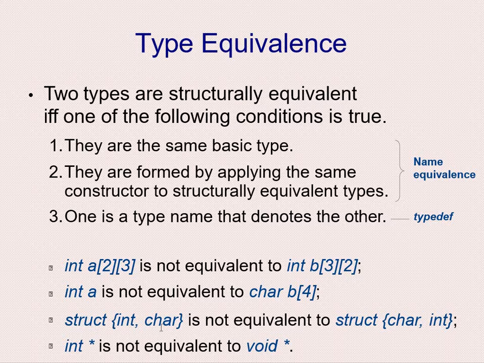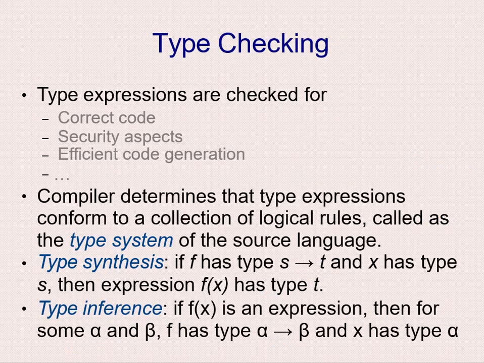Structure integer char is not equivalent to structure char integer; this one is also different. Integer pointer is not equivalent to void pointer. So here we have taken examples to differentiate whether two types are structurally equivalent or not. Now we can see type checking.